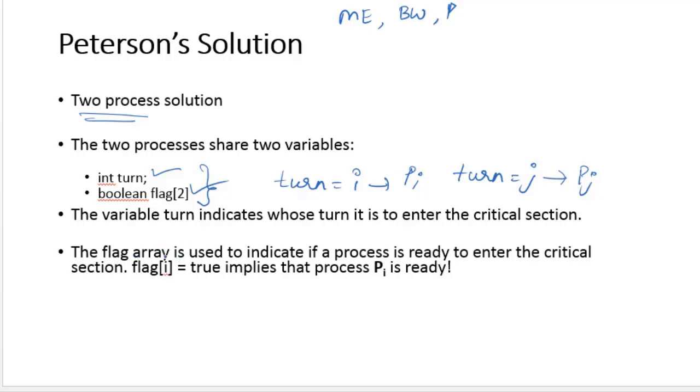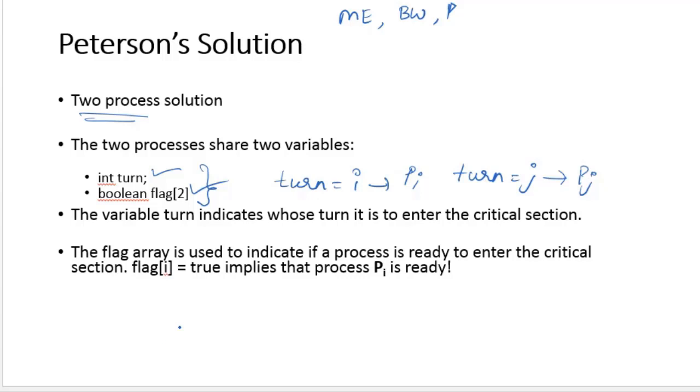This is a Boolean array and it is used to indicate whether a process is ready to enter the critical section or not. It reflects the readiness of the process to enter the critical section. If flag[i] is true, it means Pi is ready. Similarly, if flag[j] is true, it means Pj is ready to enter the critical section.